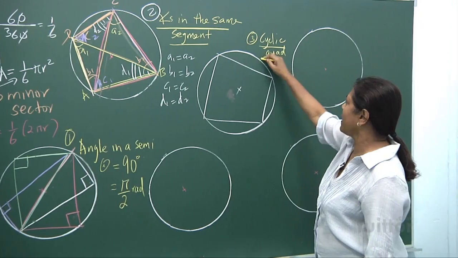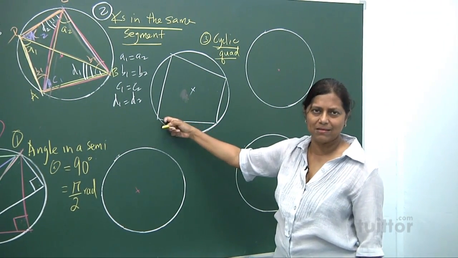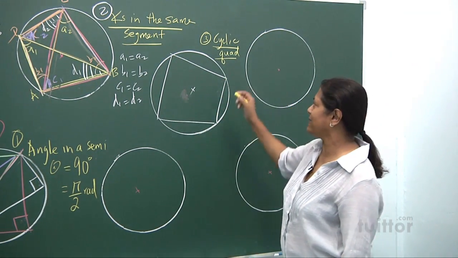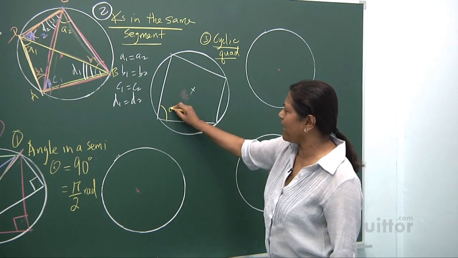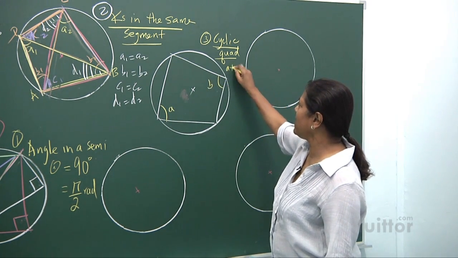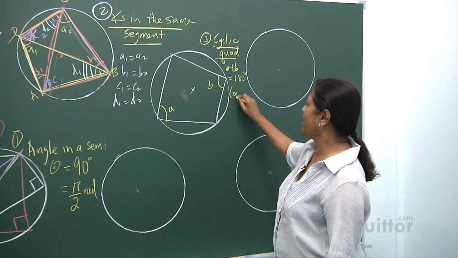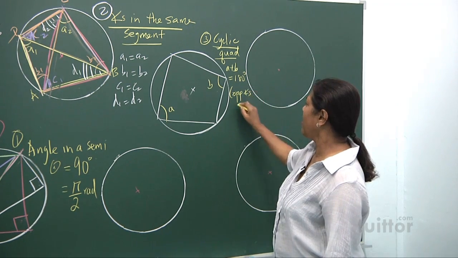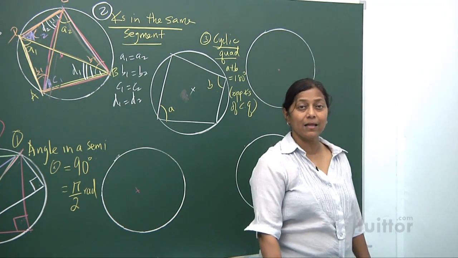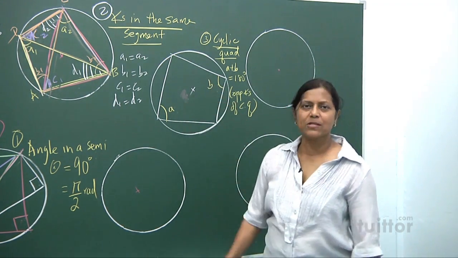The opposite angles make up 180 degrees. So if this is A, this is B, A plus B is equal to 180 degrees. Opposite angles of a cyclic quad.